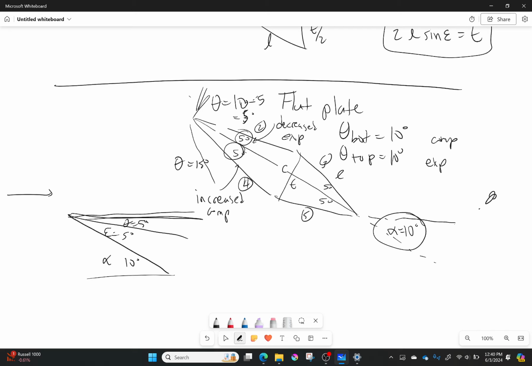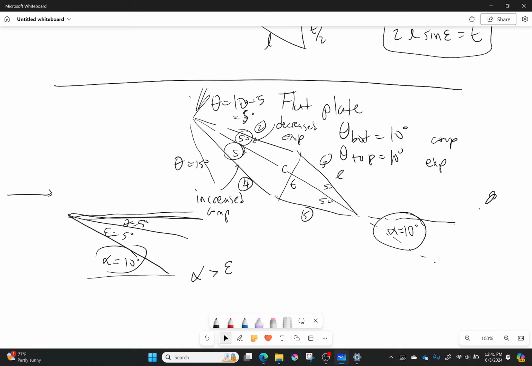This is my angle of attack right here. And from that, I can figure out my deflection angle. You can see that my flow is having to be turned away from itself. It's expanding. That's an important detail. That's going to happen anytime my angle of attack is higher than my half angle. I'm going to get an expansion fan on the top.